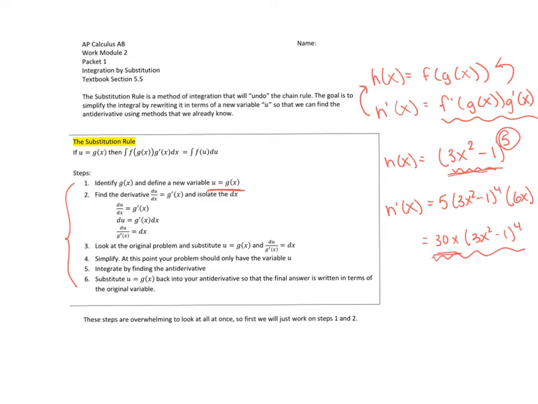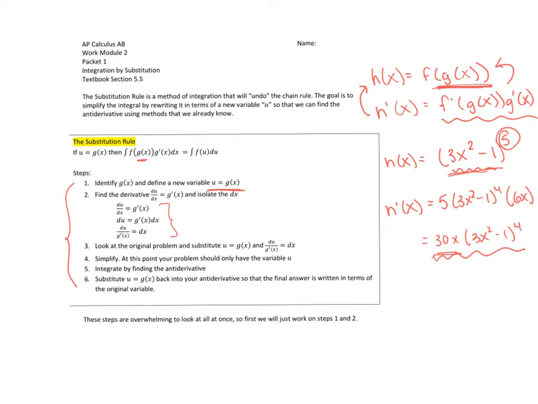We're going to really focus on steps 1 and 2 first. With step 1, we have to identify the g of x. Here, g of x is on the inside, just like over here g of x was on the inside. This we already have practice with. So we identify that inside function, and then we take its derivative.